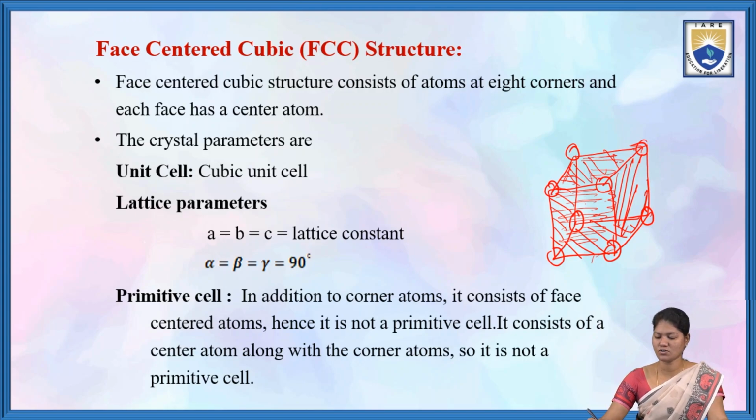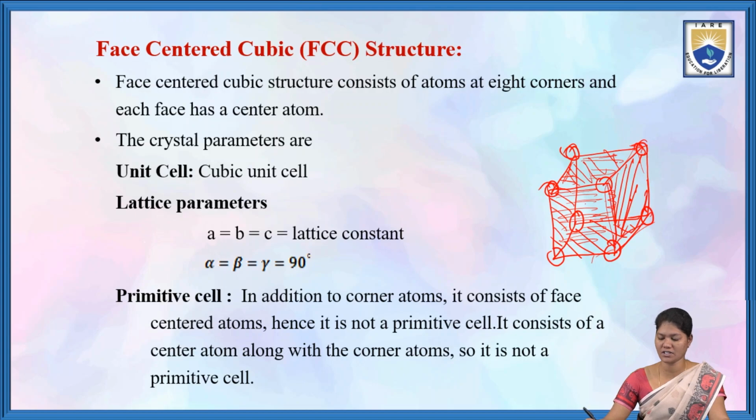So along with the corner atoms of this cubic crystal, at each face there is an atom which is at the center of the face. So the face-centered cubic structure consists of atoms at 8 corners and each face has a center atom.